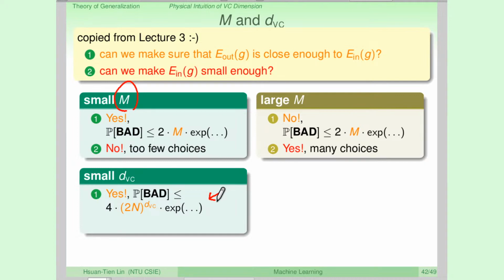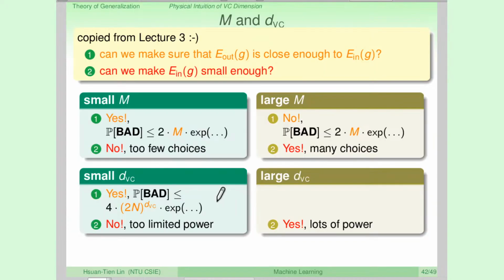Therefore, we have a better chance of ensuring that E-in is close to E-out, or we can have better confidence. However, it means your hypothesis set is limited. Maybe it cannot shatter the data sets that you have on hand well, or it cannot produce a dichotomy that matches the label vector that you want to approximate. So therefore, E-in may be high.